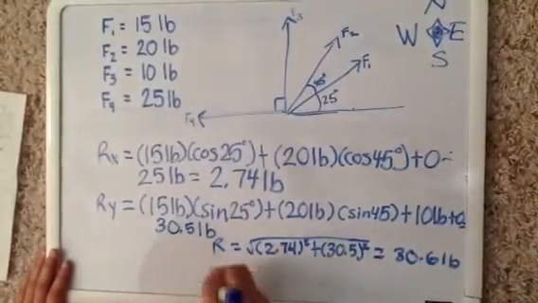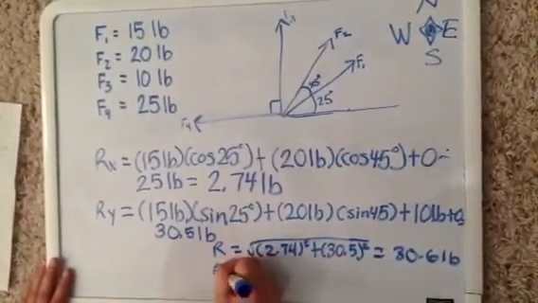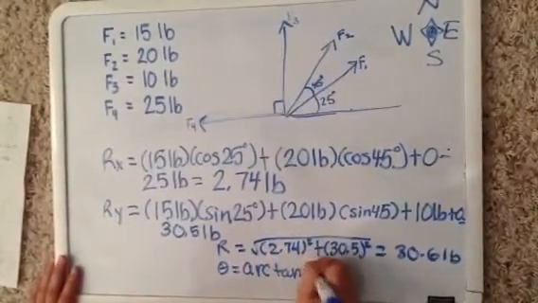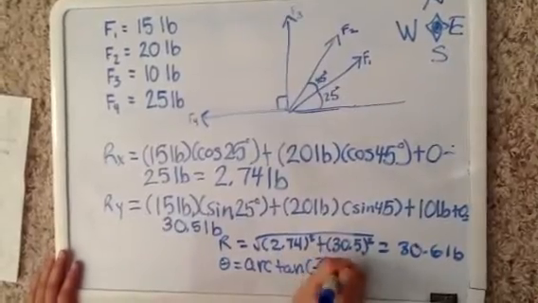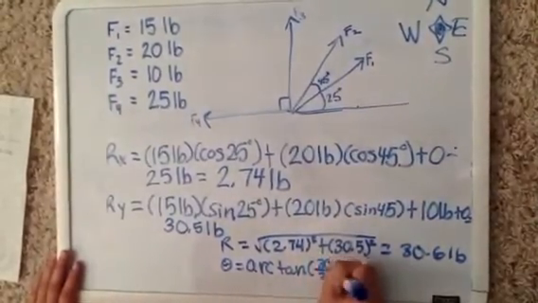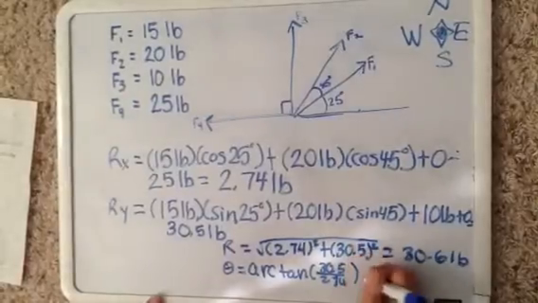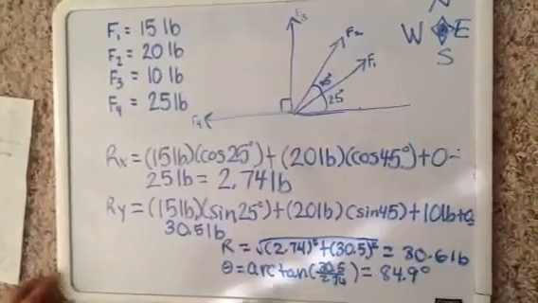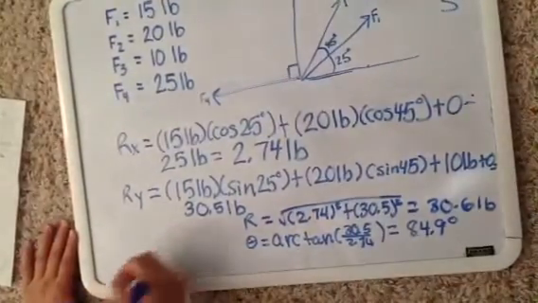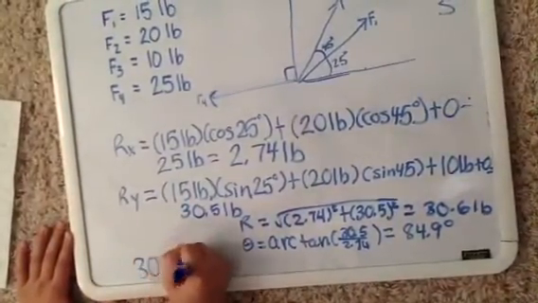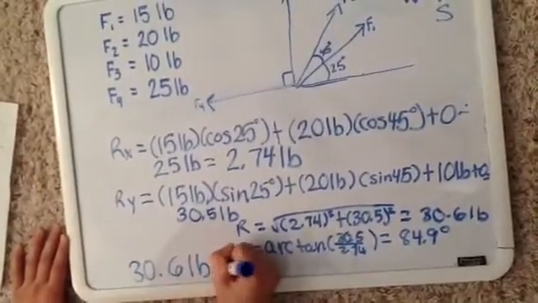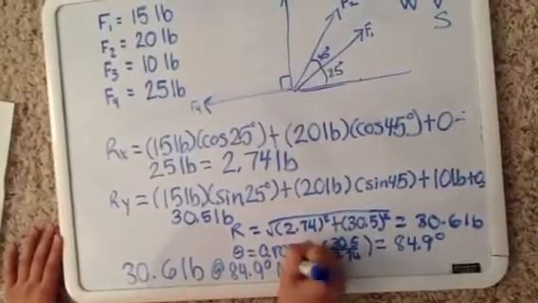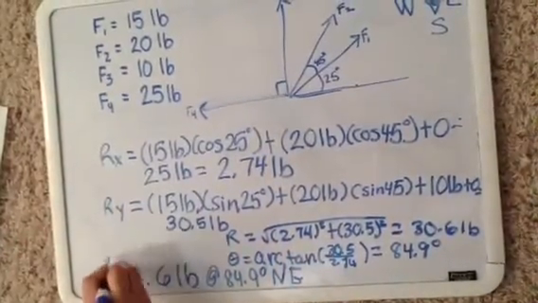And now we will solve for the overall angle of these two vectors, which would be the arctangent of 30.5 over 2.74, because we'll be doing y over x, and that will equal 84.9 degrees. So then the overall answer will be 30.6 pounds at 84.9 degrees northeast. And that will be the final answer of this.